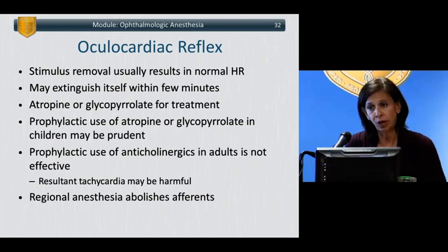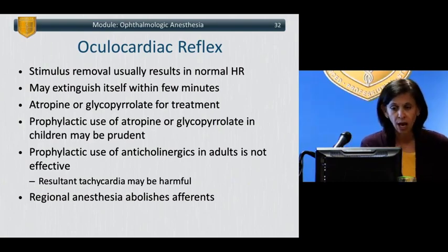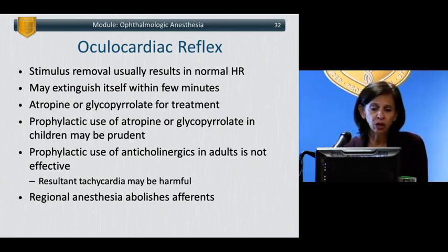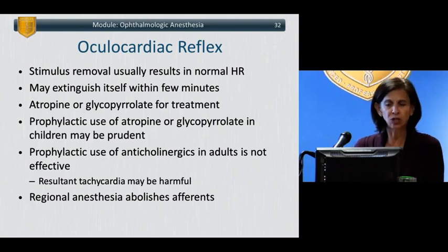But if the bradycardia or asystole persists, or if it's really severe and you're concerned, atropine and glycopyrrolate are used for treatment. What's a little bit more controversial is whether you should prophylactically use atropine or glycopyrrolate to prevent the oculocardiac reflex. And it's a little more effective in children. It's actually pretty ineffective as a prophylactic medication in adults.